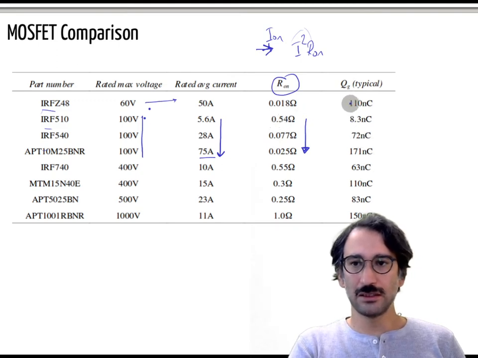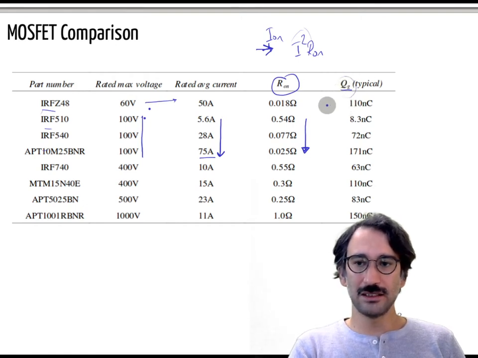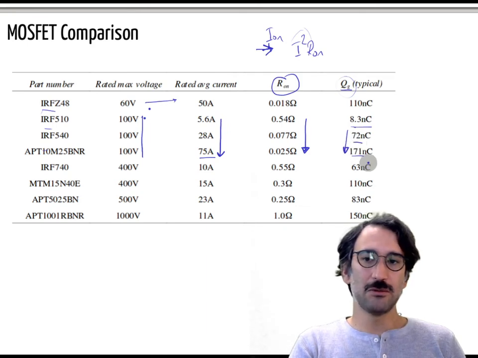However, if you look at the gate charges, this is the charge required to send into the gate to turn on or turn off your device. For the small MOSFET it was 8.3 nanocoulombs, and it can go up to 171 nanocoulombs.